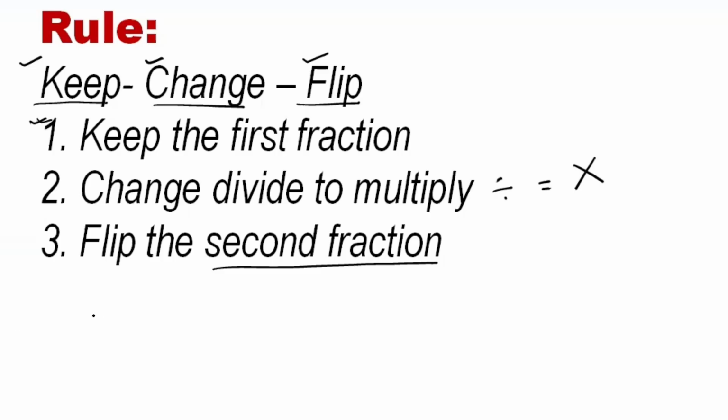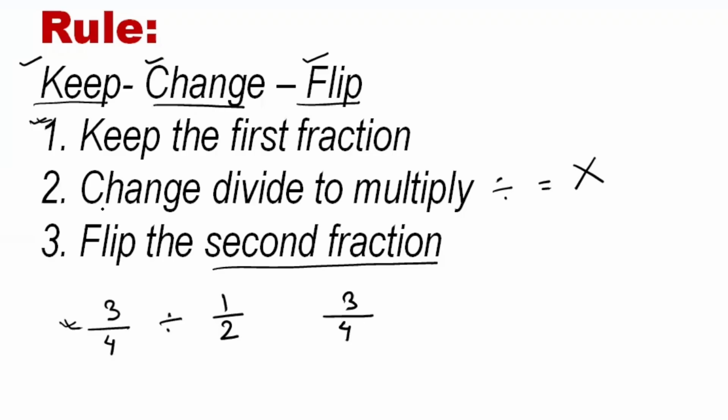For example, let's take some examples. 3/4 divided by half. So what do we have to do? The first step says keep the first fraction. This is the first fraction, so we keep it as it is. 3/4 will come as it is.